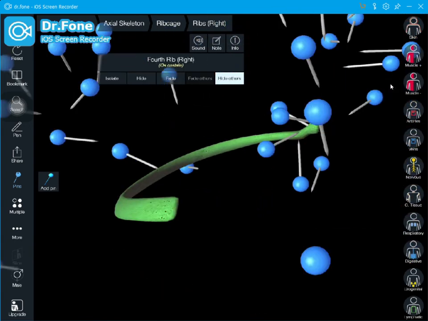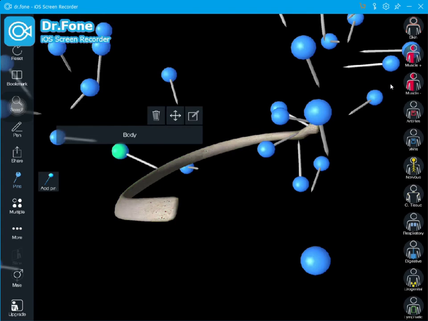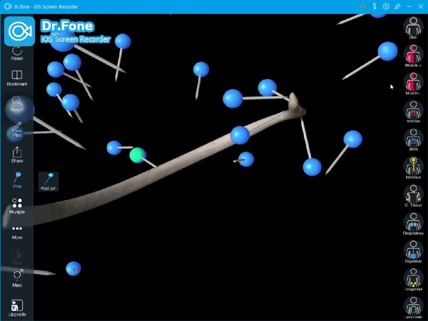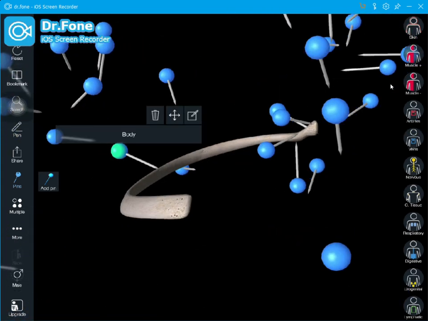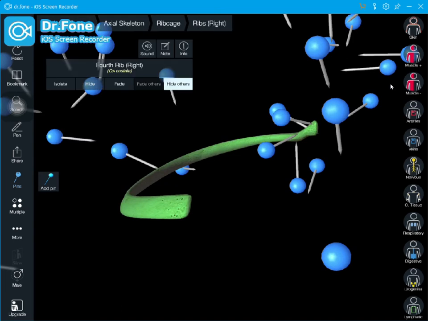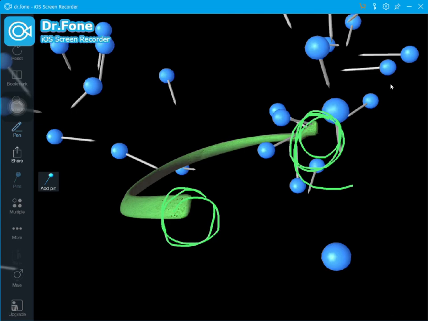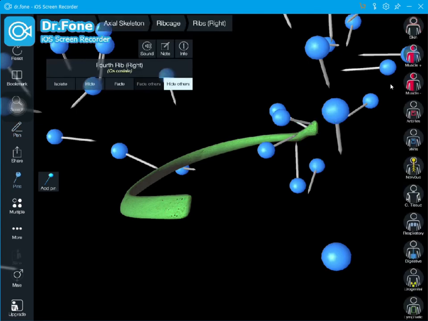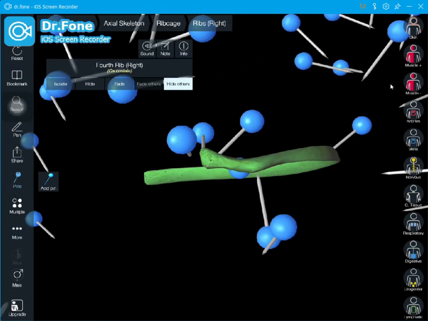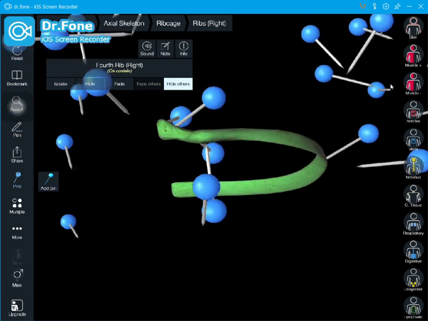So this is the body of the rib, and this portion right here is not the part that connects to your vertebra. Your vertebra is the part right over here. It usually has a bit of a bump on the top. That's how you know it's connecting.